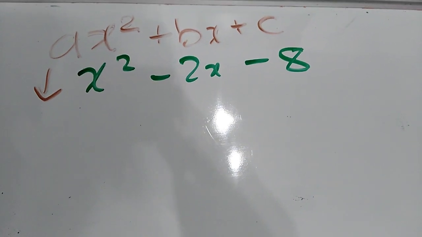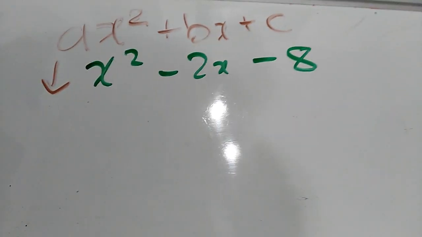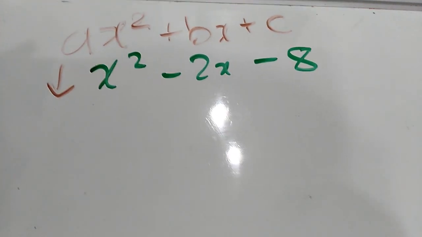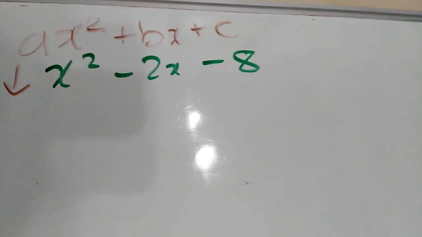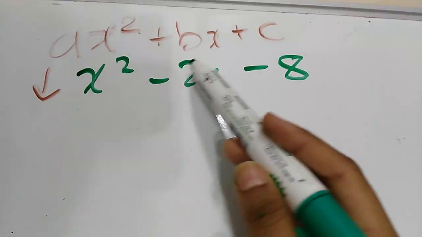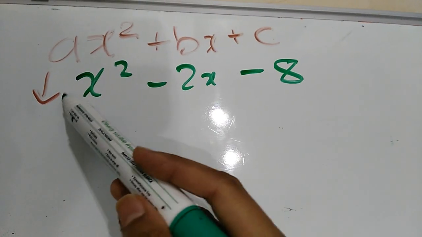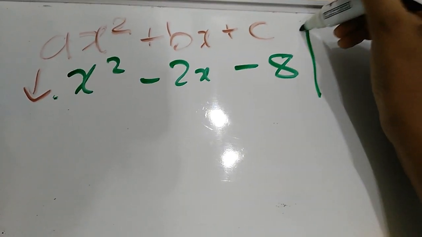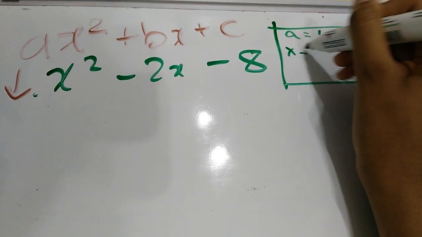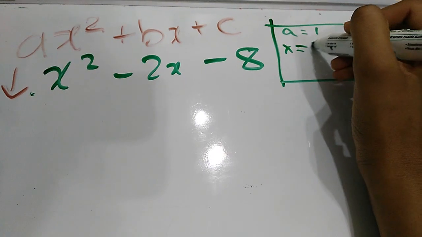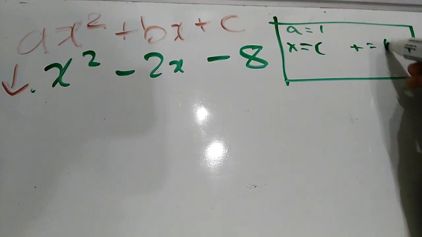So this is the second example, and this is also following our simple pattern of ax squared plus bx plus c, where a is equal to 1, so I don't need to write it. So I use my rule. When a is equal to 1, I need two values that times to give me c, and two values that add to give me b.